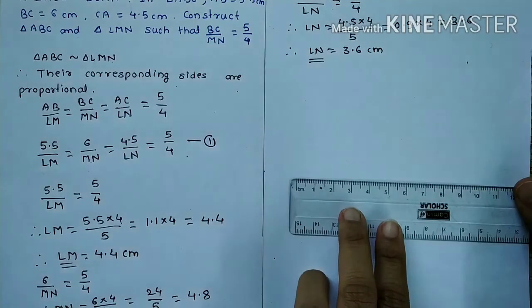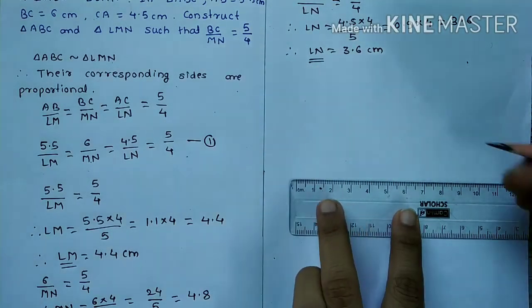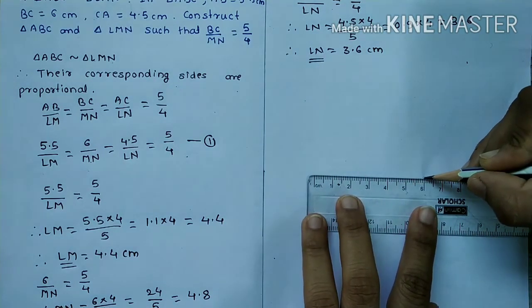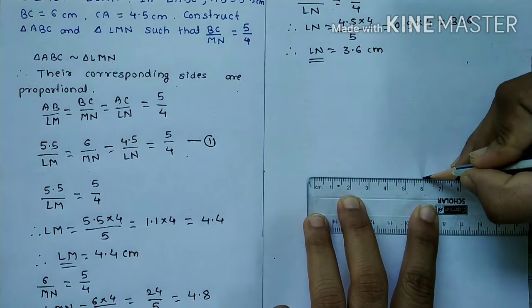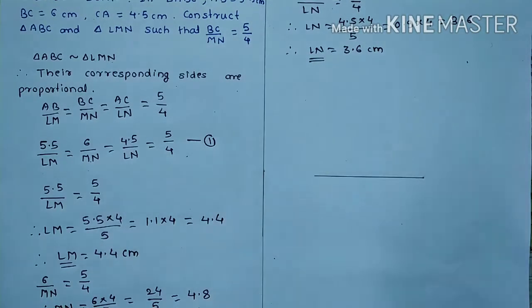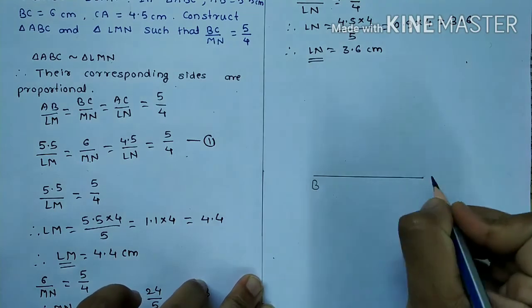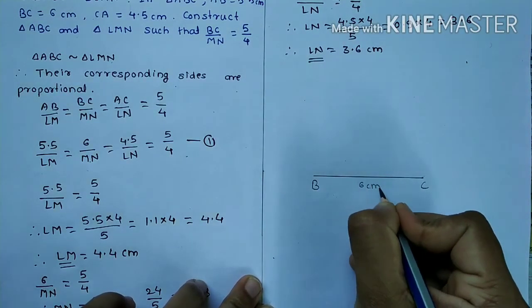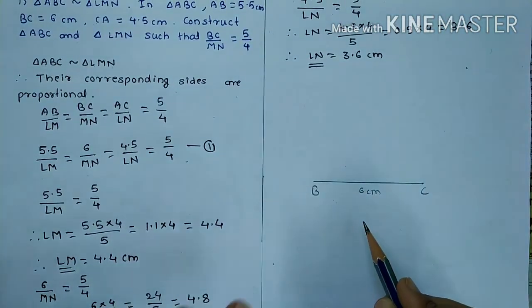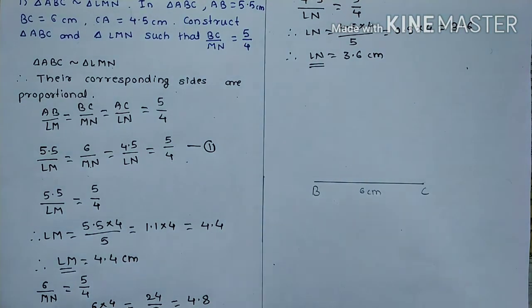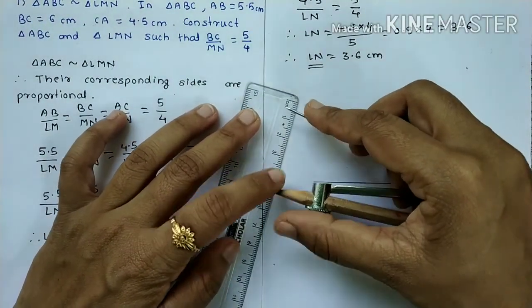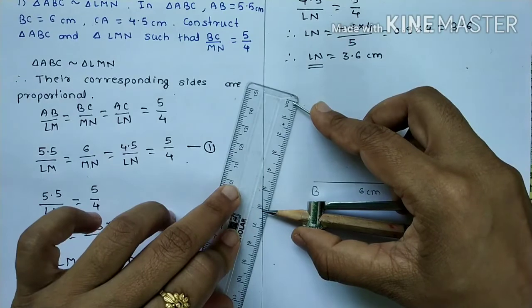Draw BC 6 centimeter. Then length of AB is 5.5 centimeter. So take compass, take distance 5.5 centimeter.